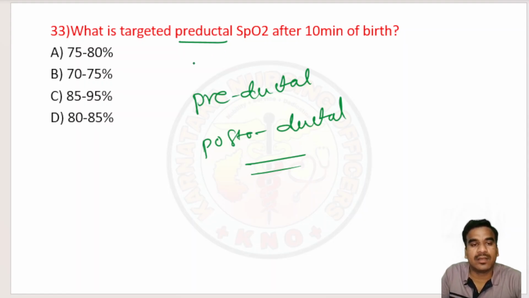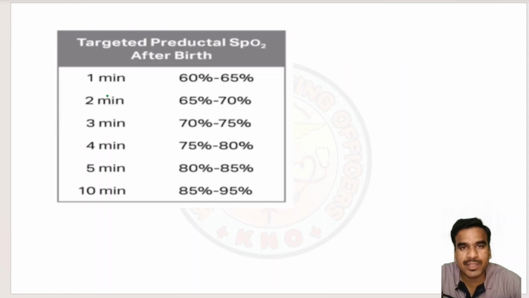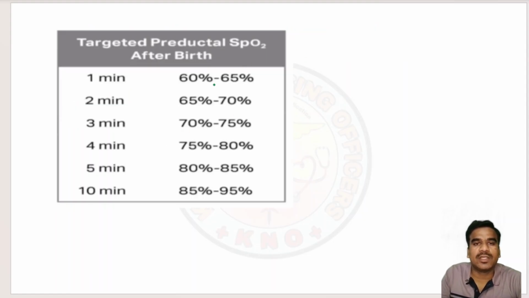So in pre-ductal, after 10 minutes of birth, the expected or targeted saturation is 85 to 95. Okay, so I will show you the chart. I will explain the pre-ductal and post-ductal. This is the targeted pre-ductal chart.